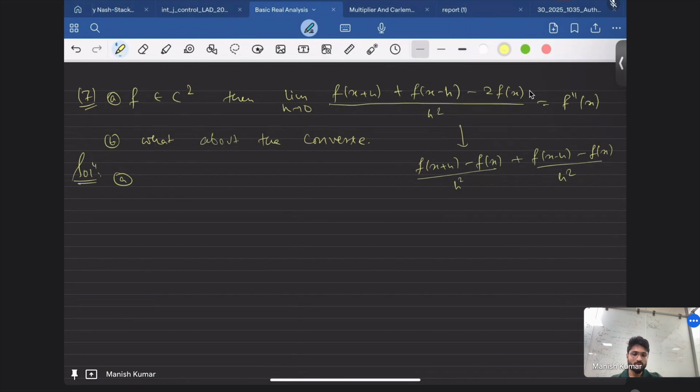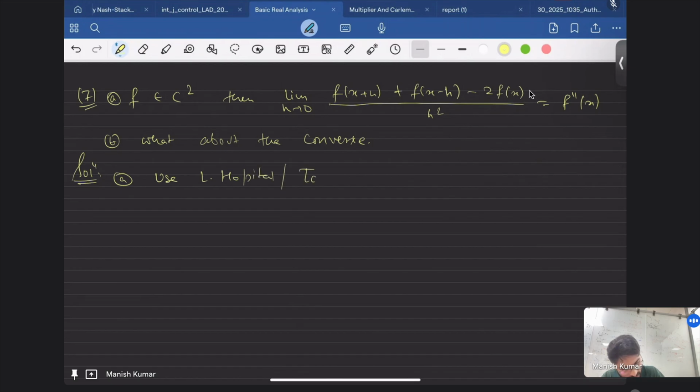The best one is L'Hopital, or if you want, you can use Taylor's expansion as well. That would again be very easy to do. So I'm leaving this part A: just use L'Hopital or Taylor series expansion. Okay, what about the B part?